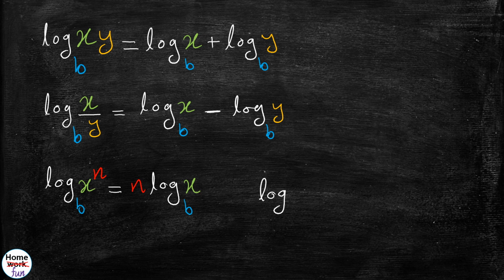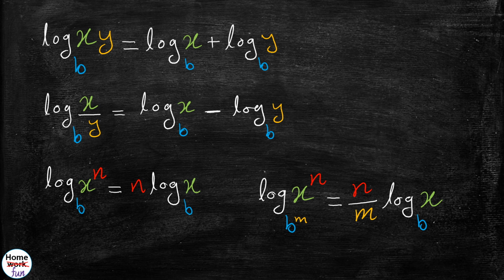For example, we have log of x to the power of n, and then b has a power of its own, b to the power of m. How do you simplify that? So that we can write as n over m multiplied by log of x with the base b.